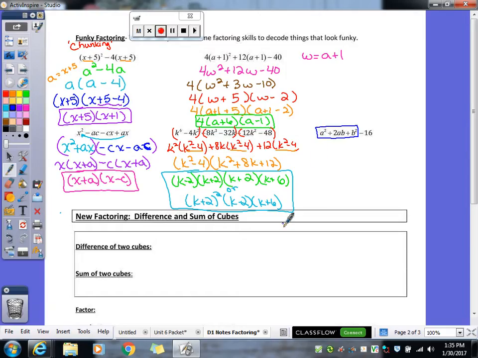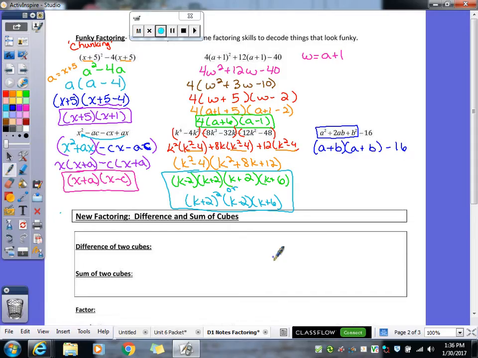Yeah. So our first terms would be a's to get me my a squared. What would our signs be? Both positive. And then what multiplies to give us b squared? B times b.